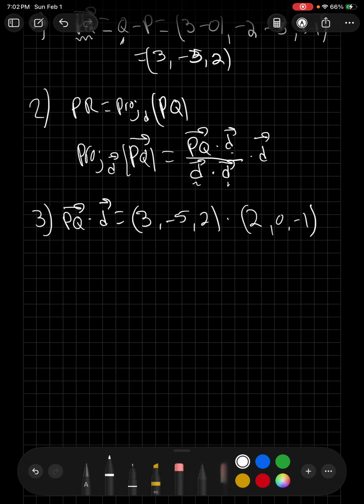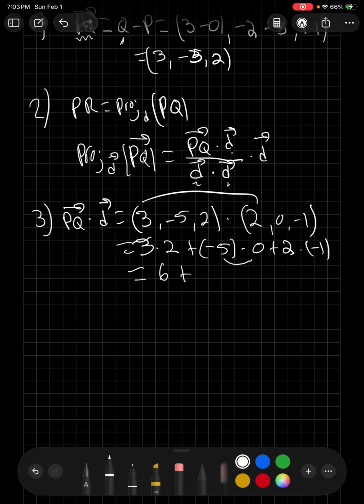So that's going to give you 3 times 2, plus -5 times 0, plus 2 times -1. That'll give you 6 plus 0, because this is 0, this is 6, and then minus 2. That gives you 4.